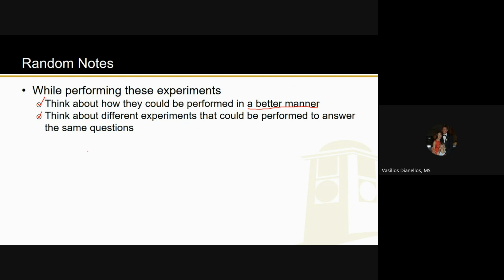And in this lab, you used algae beads and placed them under different colors of light. And you measured the rate of respiration by checking the pH every 5 minutes for 45 minutes, right? That's a basic description of that experiment. So you're going to need to do another basic description of another experiment you could do.